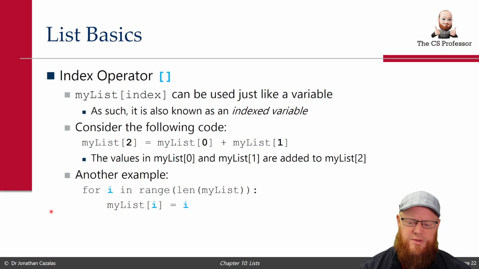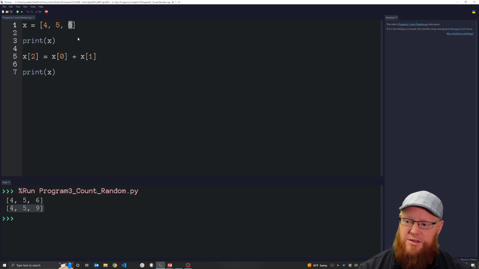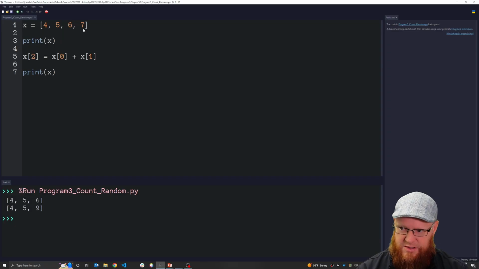So just a reminder of what we've seen previously. We've also seen how we can loop over our list. If I made this 4, 5, 6, 7, 8, and I wanted to loop over this list, we saw this with strings. I also showed this in the last video.